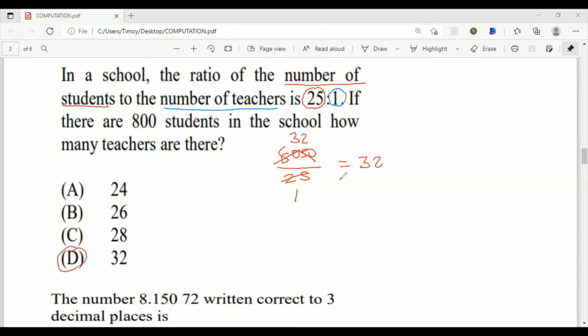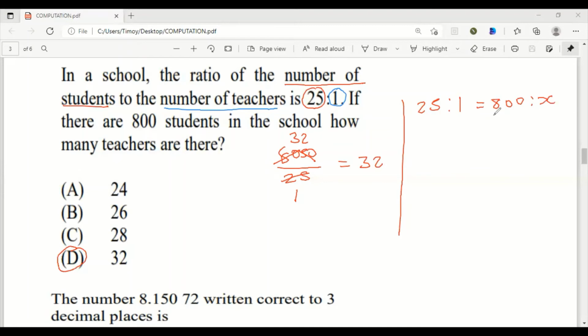But there are several ways that you could approach this question. You could do this question another way by saying, okay, they give us 25:1. Therefore, 25:1 is going to equal to 800 to x, because we don't know the amount of teachers.